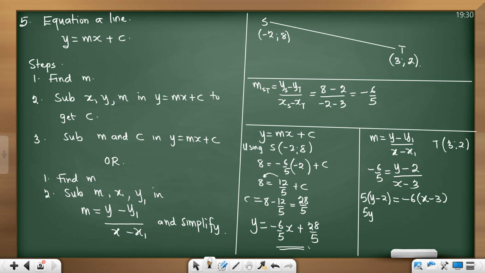If you want, you can expand, which I would do, but it's fine. Minus 6x minus minus positive 18. Let's move the 10 over. Now, if I move the 10 over, it becomes positive 10. 18 plus 10, 28. Now, let's divide everything by 5. Plus. Do you see I have the same answer? I have the same answer.